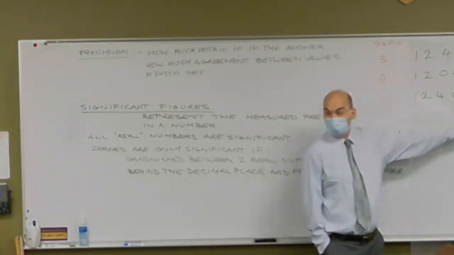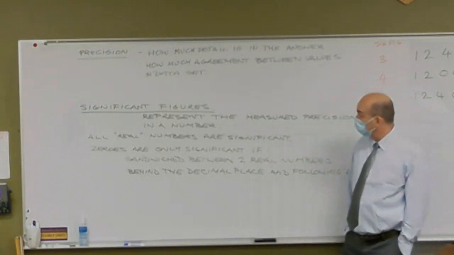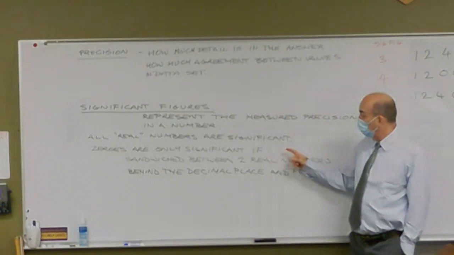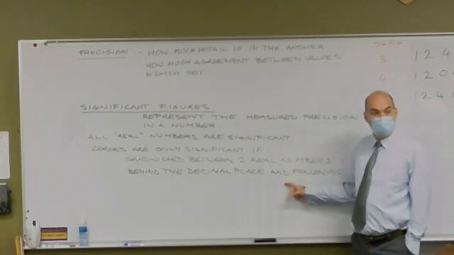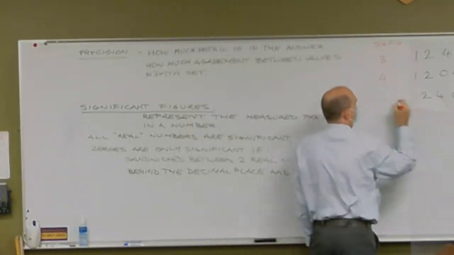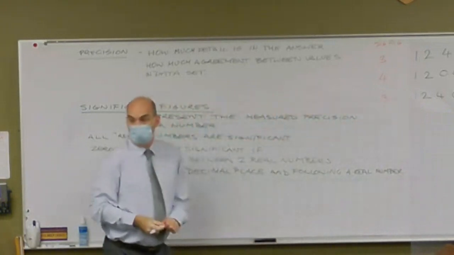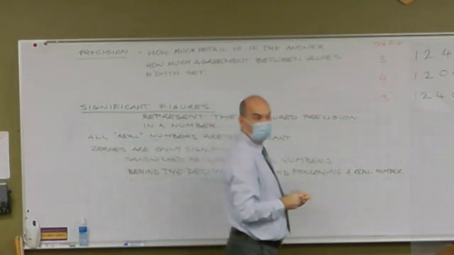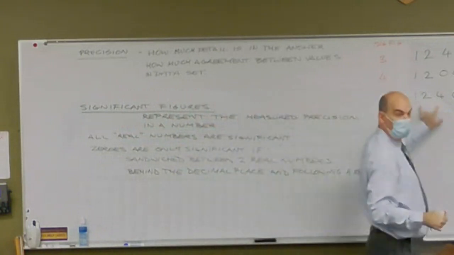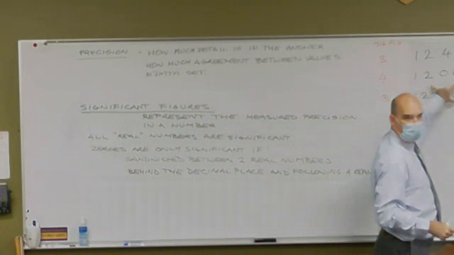So this number has a 0 in it, and it's not sandwiched between two numbers, and it's not behind a decimal place. Therefore, that 0 doesn't count. There are only 3 units of precision in this number. So this number is less precise than that number.